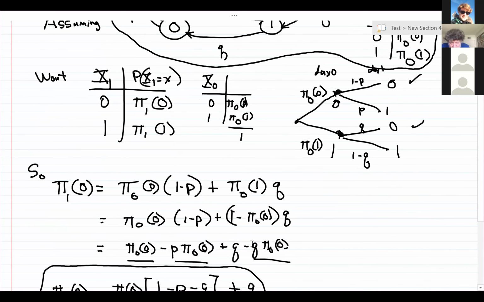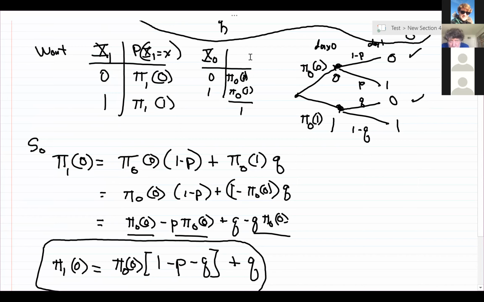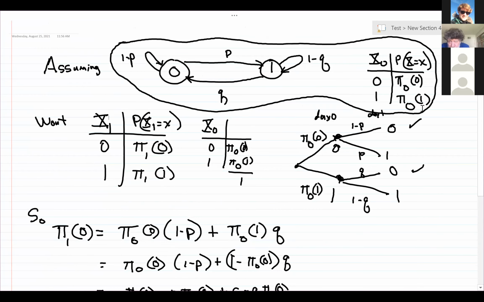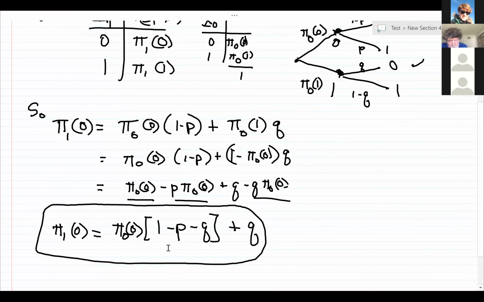So you can put that in for P and Q. And as far as this, it was like 20%, I believe. Yeah, I assumed that this was 20% and that made this 80%. So you could put in 0.2 for this, 0.75 for this, and 0.1 for this, and it should agree with what we came up with in class.